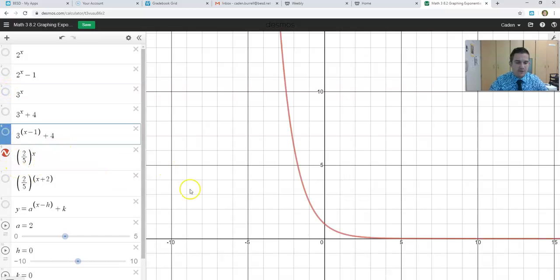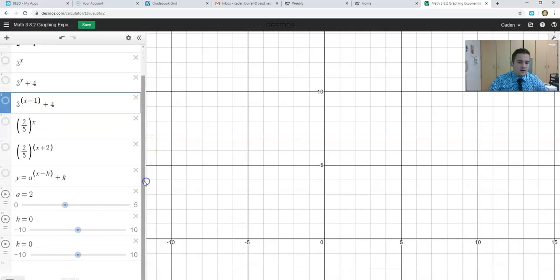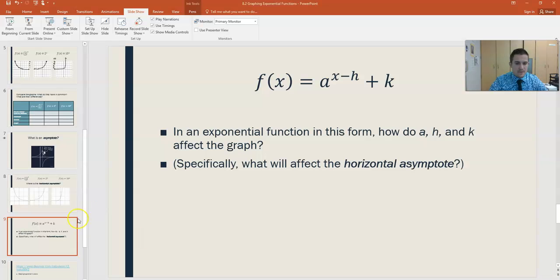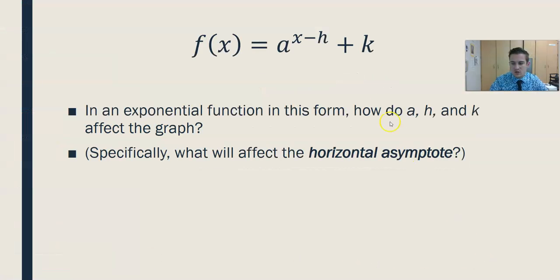Notice if I have a function like this, an exponential decay function, the x plus 2 here will affect the graph moving from left to right, but it will not affect the up and down, so it will not affect the horizontal asymptote. We won't experiment too much with that right now, but that is basically what I want you to understand.